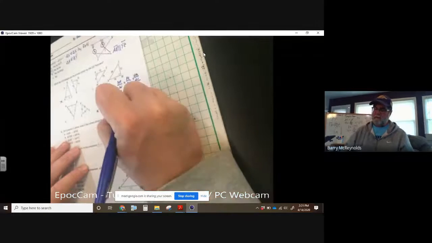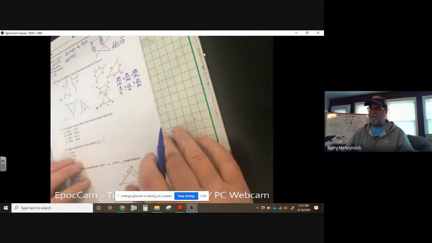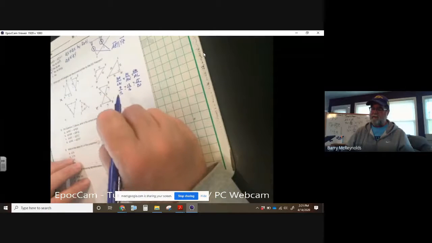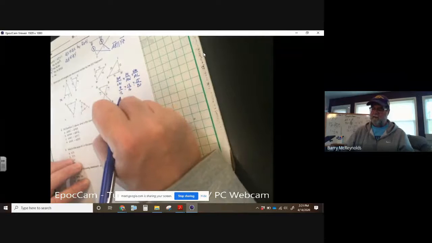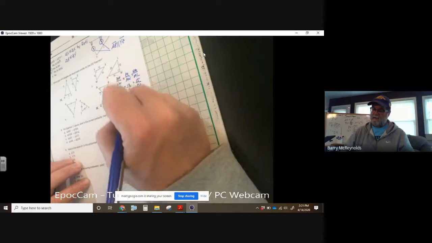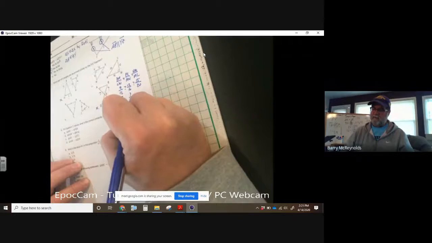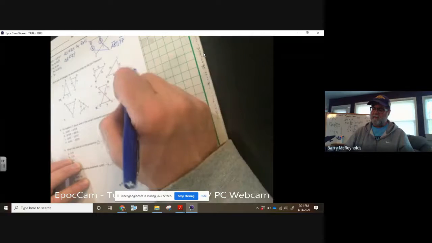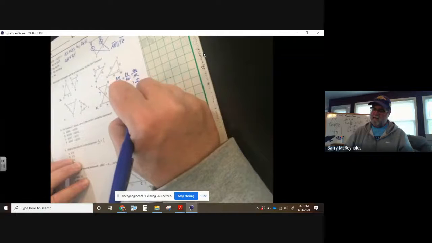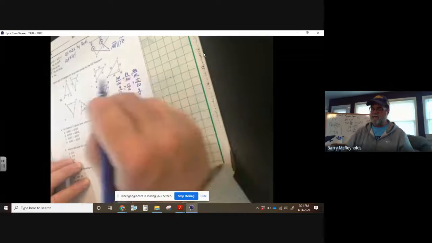So the question is, are those three all equal? Well, if I simplify them to lowest terms, this one reduces to 3 over 4 by factoring out a 3. This one reduces to 3 over 4 by factoring out a 4. And this one is 3 over 4 by factoring out a 5.